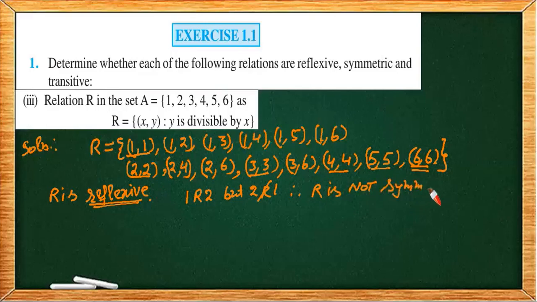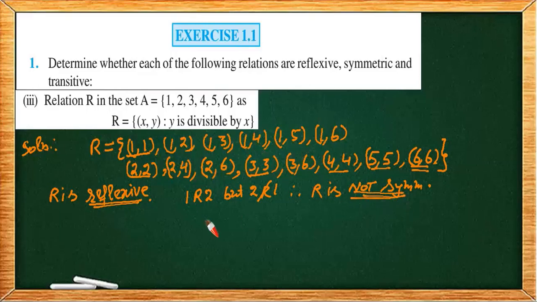Symmetricity does not exist here. R is not symmetric. (2,6) is there, but (6,2) is not there. Similarly, you can say (1,4) is there, (4,1) is not there. So for a contradiction, one element is enough, one contradiction is sufficient. So (1,5) is there, but (5,1) is not there. So this relation is not symmetric.